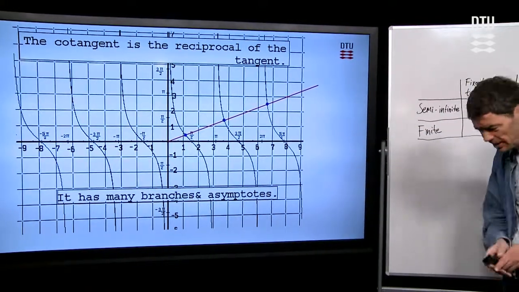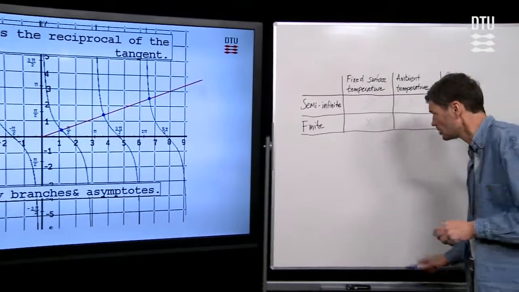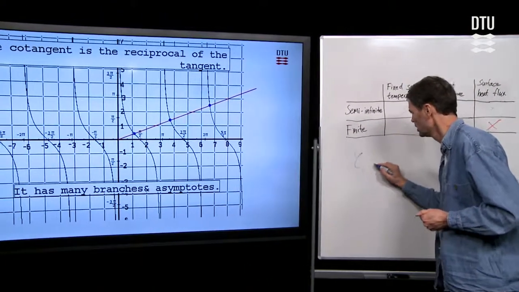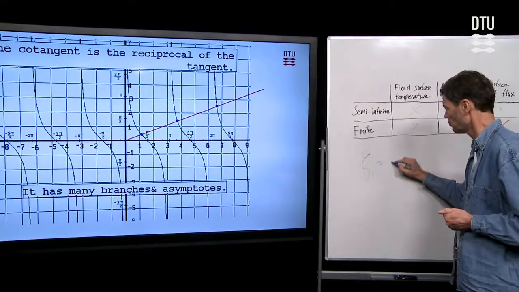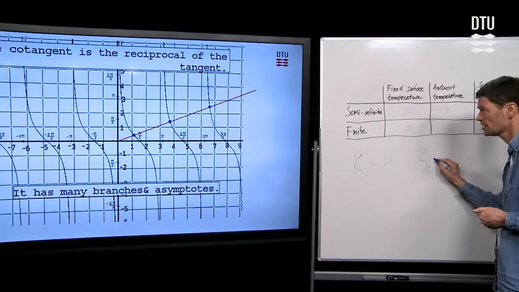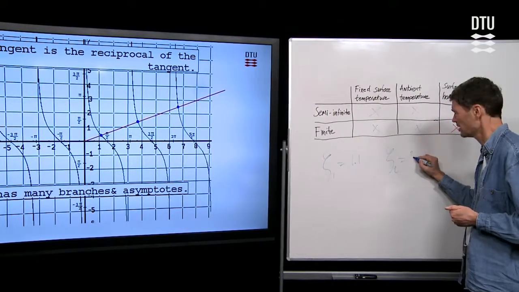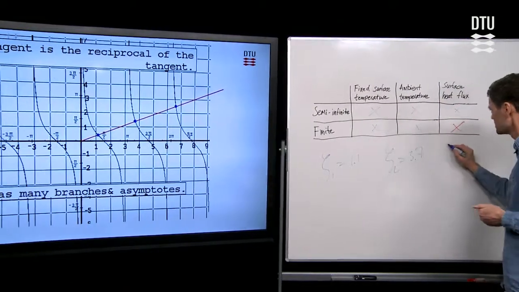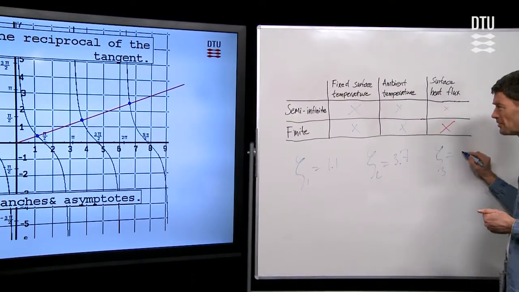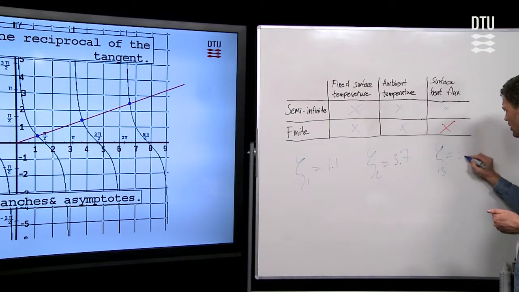That means that in this case, if I may draw it over here on the whiteboard, I would say that zeta 1 is equal to 1.1, it looks. Zeta 2 is equal to 3.7. And zeta 3 is equal to 5.7.